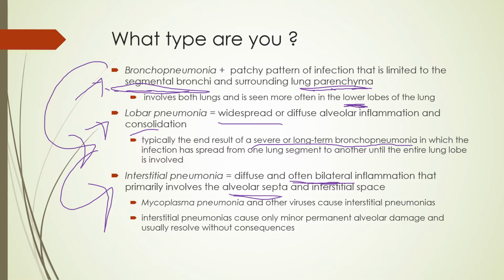So now it's gone into that respiratory zone and caused a massive amount of inflammation of the septa, or the little walls between neighboring alveoli. A lot of viral pneumonias will cause an interstitial pneumonia. Mycoplasmas and viruses obviously can cause interstitial pneumonias. So take a guess which one COVID would be.